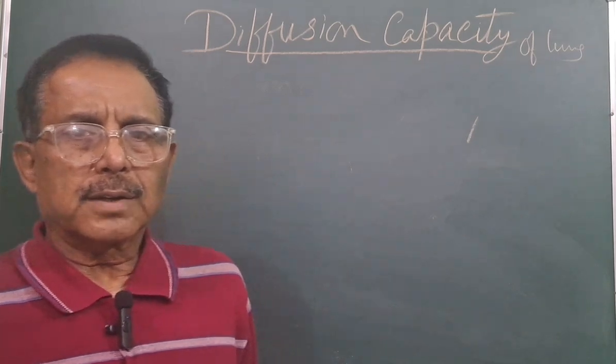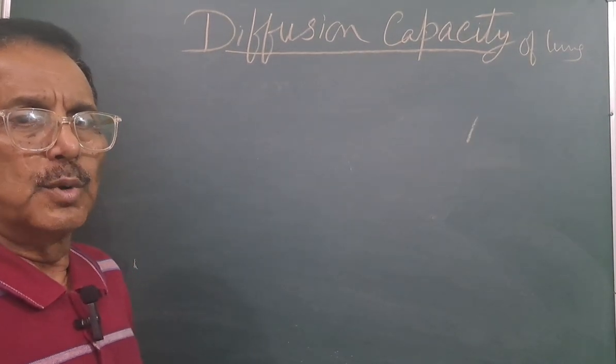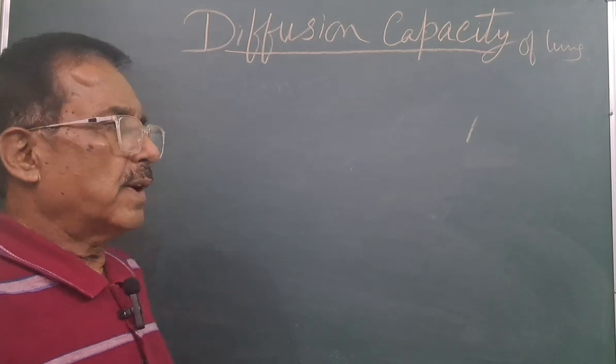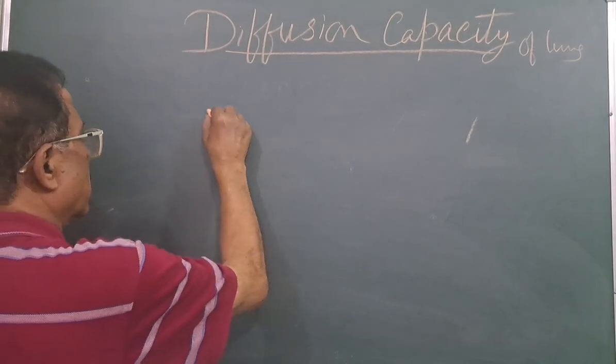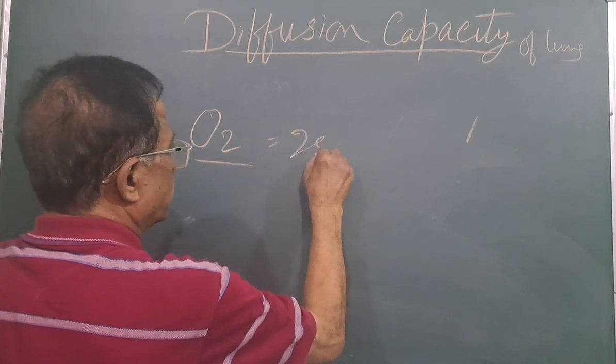When diffusion capacity of a gas is more, it will diffuse rapidly. What is the normal? Normal range for oxygen diffusion is 25 milliliter.